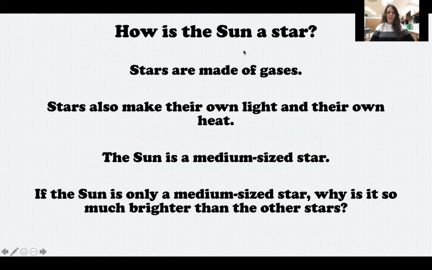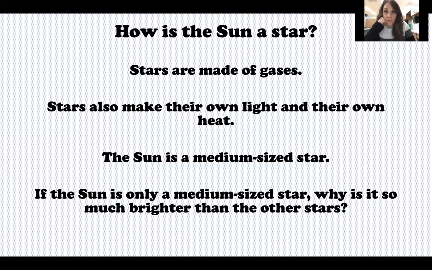So here I want to know, if the sun is only a medium-sized star, why is it so much brighter than the other stars? I know that when I look up in the night sky and I see stars, they look like little tiny dots.